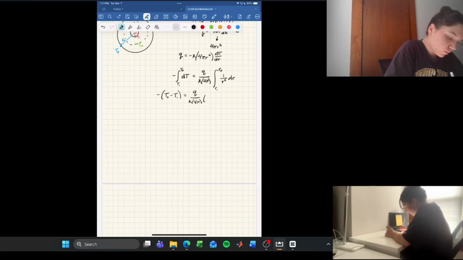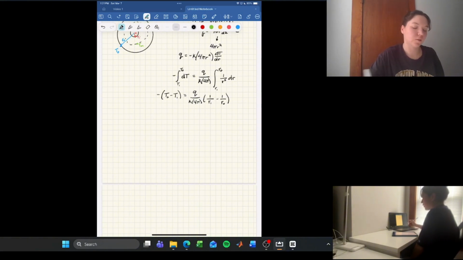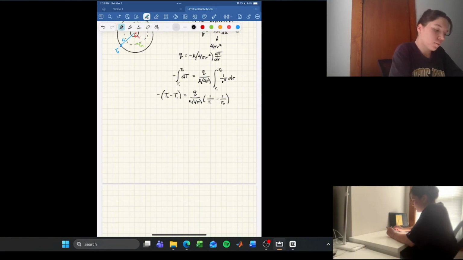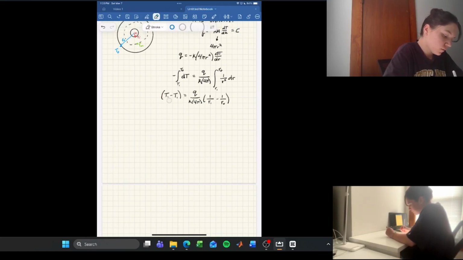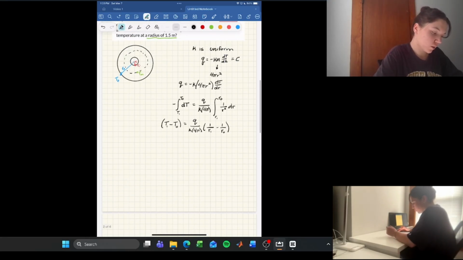And then it will be 1 over the radius initial minus the radius of the outer. And then because of this negative sign here, this will flip. So we can just rewrite it like that.